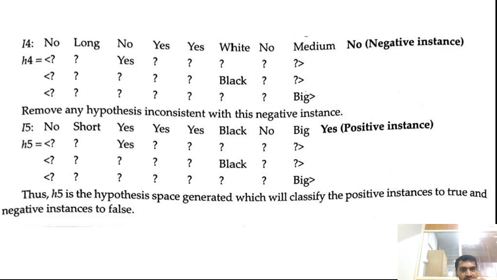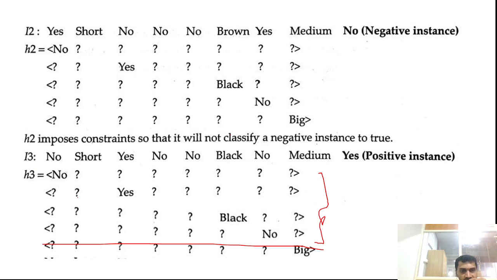In these 4, what we will do is consider the next one, the negative instance. The negative instance we are matching with our previous one, that is these 4. Again, here it is 4 instances where no, all question mark, yes, all question mark, all question mark, black, all question mark, no, right?